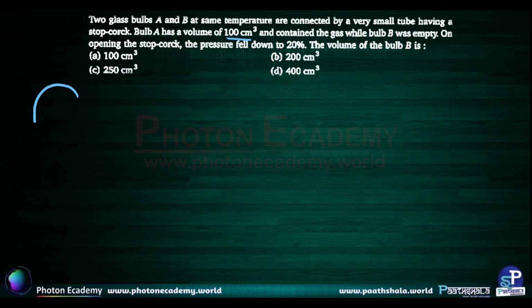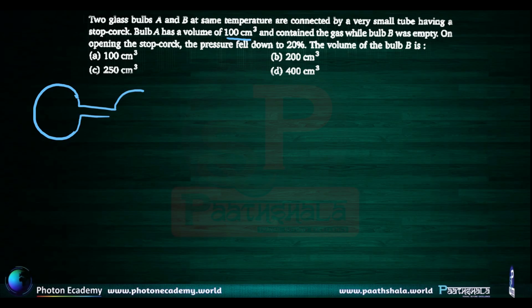So this is our bulb A. They're saying that it's connected to another bulb B by a small tube. Bulb A has a volume of 100 centimeter cube, and the volume of bulb B has to be found.